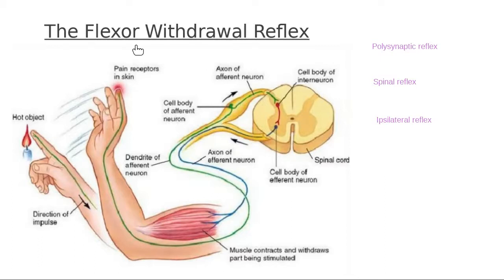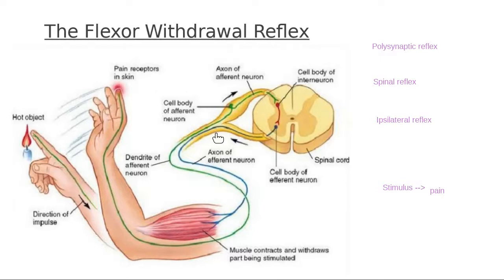We'll add to what we know about the flexor withdrawal reflex that the stimulus, or the thing that makes this reflex happen, is pain. Anytime you receive too much of some kind of sensation, if it is too hot, your body registers that as pain, and pain is the sensory information that goes back to the spinal cord that I give to this interneuron, and the interneuron says, I don't like this.